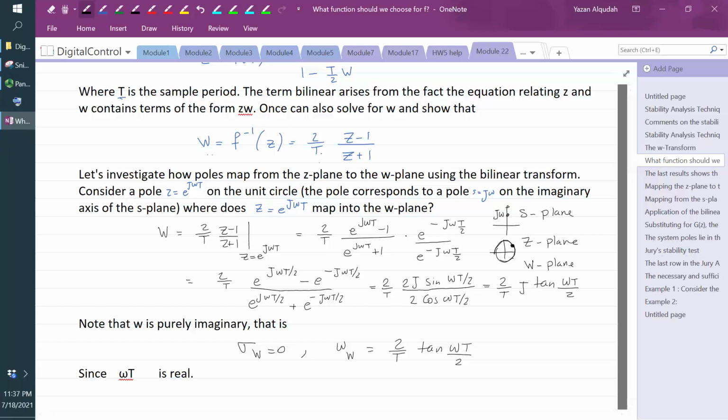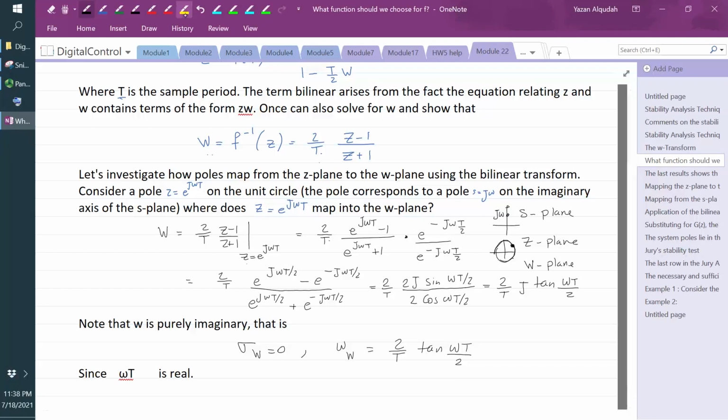Now what happens if I plug in that location, z equal to e to j omega t, in this transform? I'm going to get 2 over t, e to j omega t minus 1 over e to j omega t plus 1. Now what I'm going to do is multiply by e to negative j omega t over 2 over e to negative j omega t over 2.